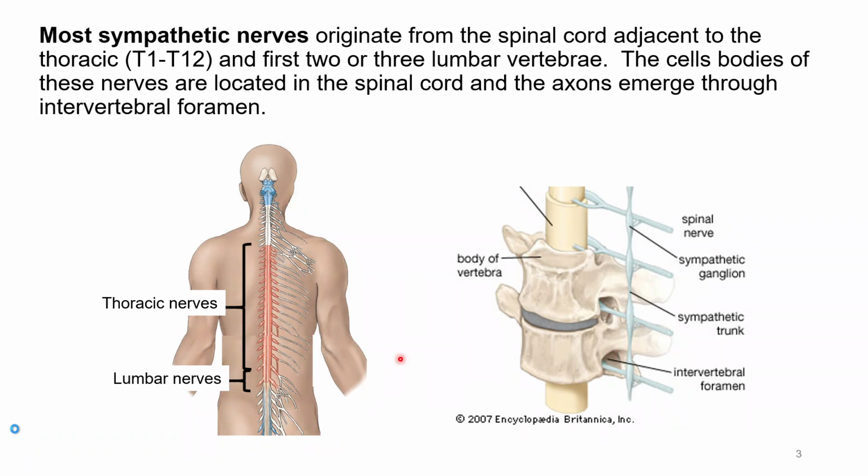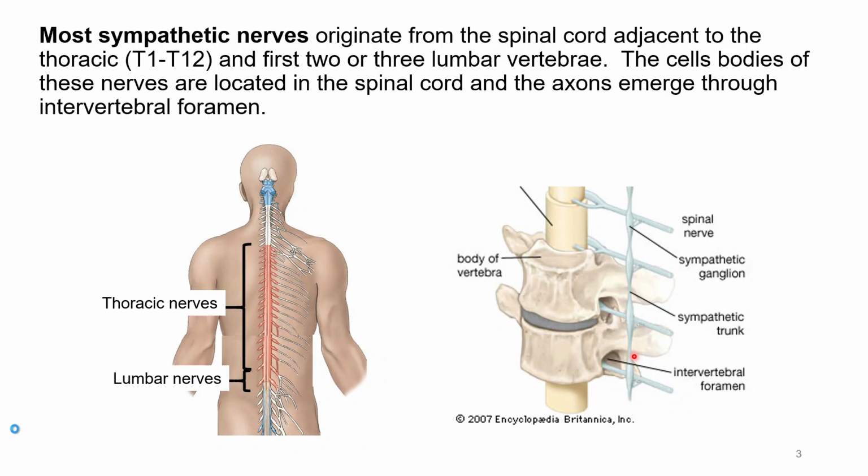This image here on the left is showing the sympathetic nerves that are originating from the spinal cord. And over here on the right side, you see running vertically along this axis next to the spinal cord and the vertebra, something called the sympathetic chain ganglion.